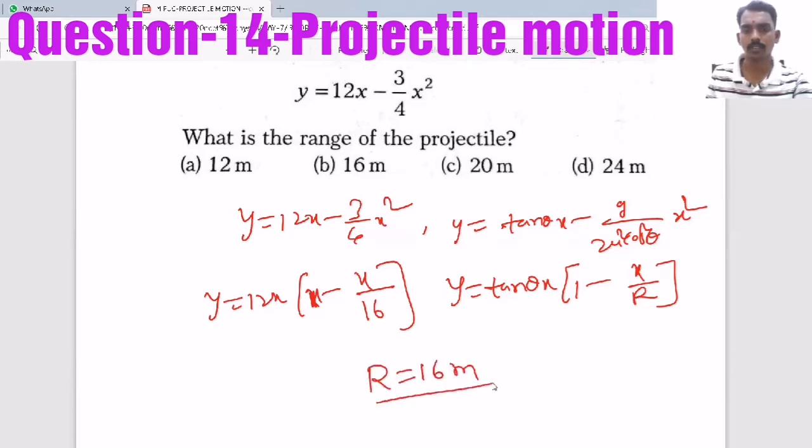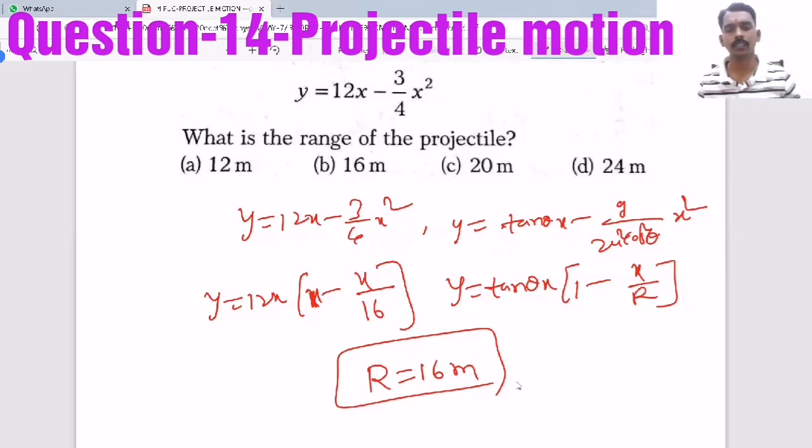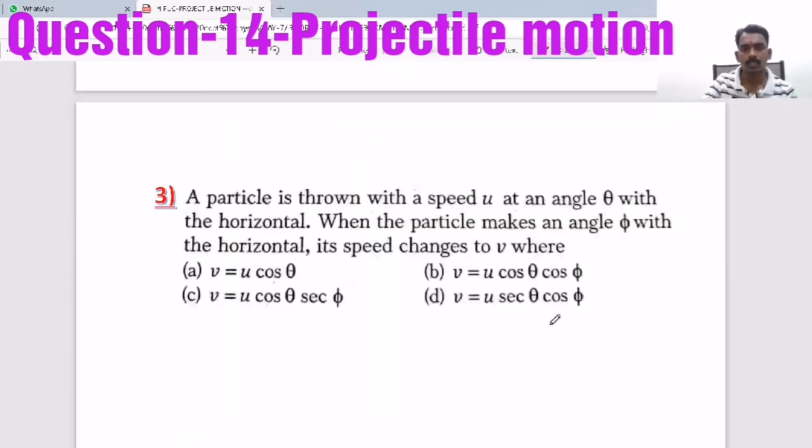So r is nothing but 16 meter. This way you can do it, or you can compare tan theta equal to 12 and g by 2u square cos square theta equal to 3 by 4, and solve it. But that is a lengthy process and you can use this shortcut method. So use this or remember this formula.